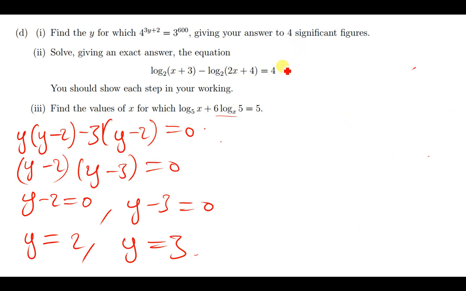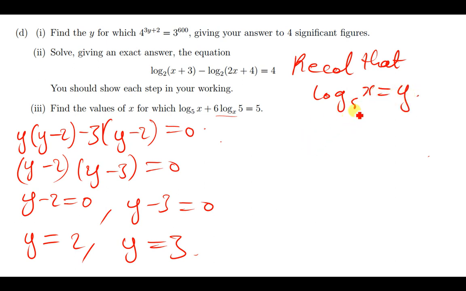So we recall that at one point we said log x base 5 is equal to y. So at every point where we have y here in the answers, we put log x base 5.